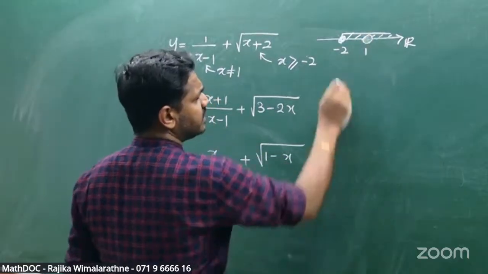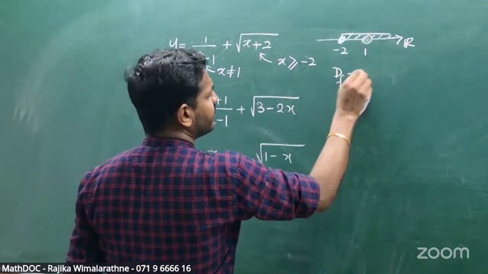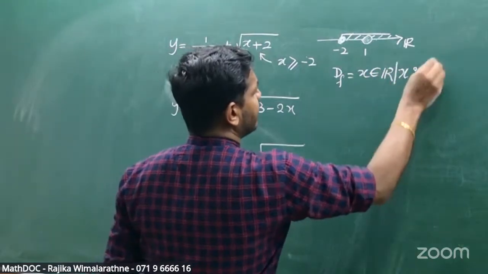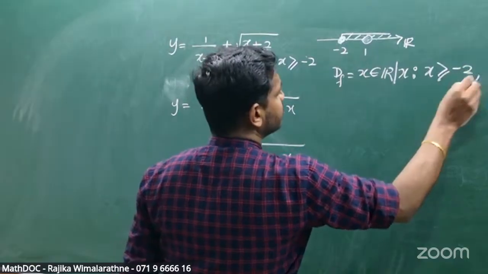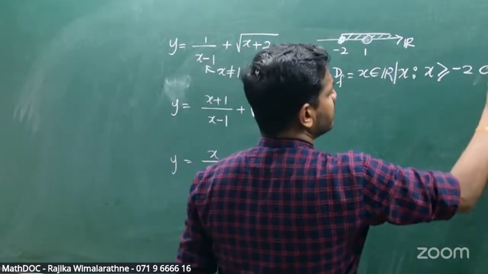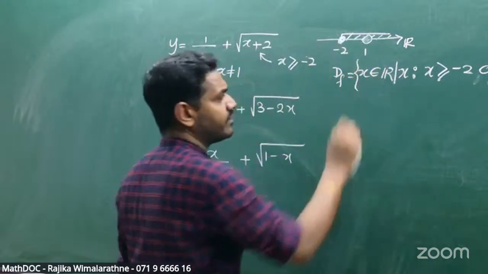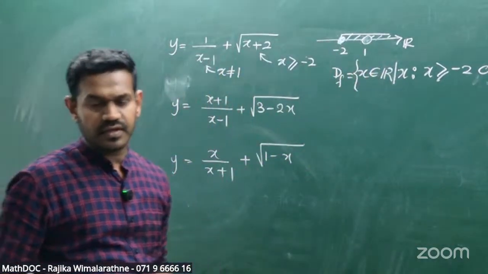Here is the set. Then you write the domain: x real values, x such that x greater than or equal to minus 2 and x not equal to 1.